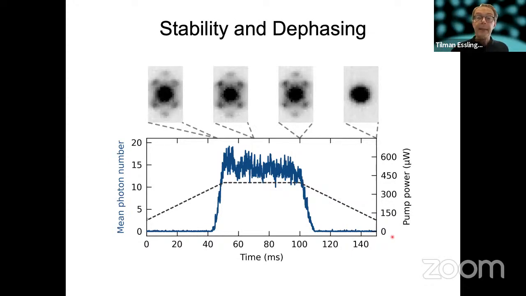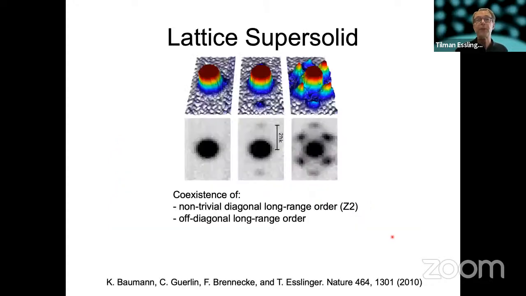And this system, if you look at it from a condensed matter point of view, then you can look at it as a lattice supersolid. And why a supersolid?